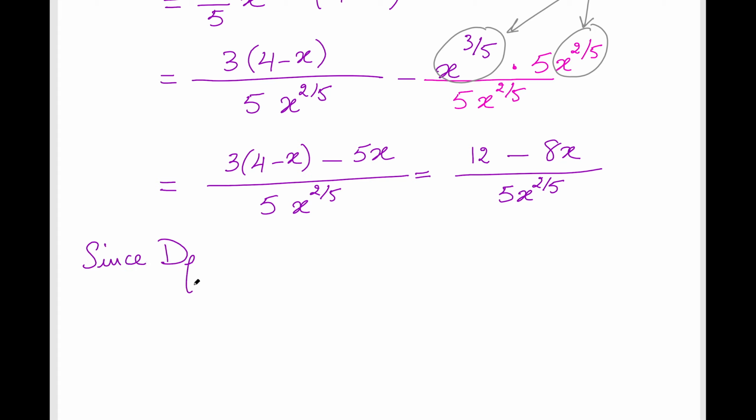But a quotient is 0 if it exists, which means x is not 0, and when the numerator is 0. So this is the same as saying that 12 minus 8x should be 0. That's the same thing as saying that x is 12 over 8, which means 3 over 2. Okay, so x equals 3 over 2.